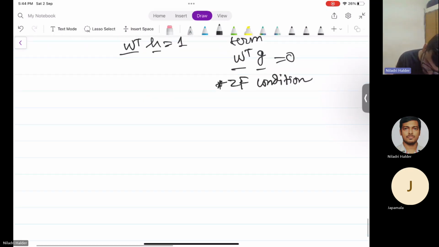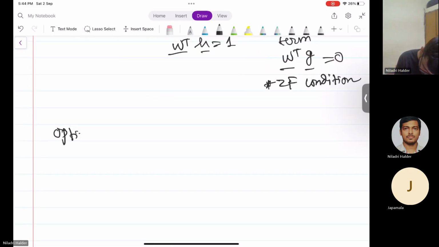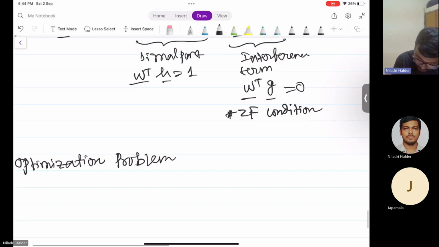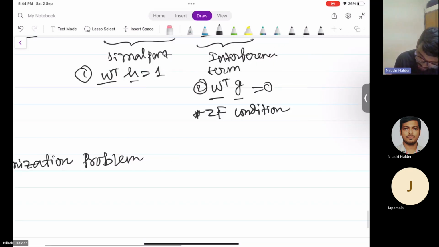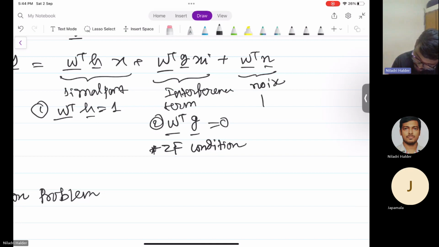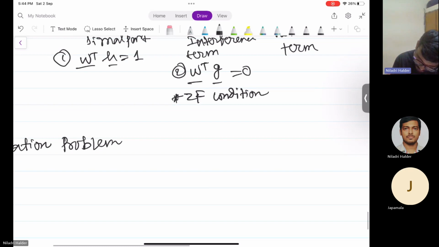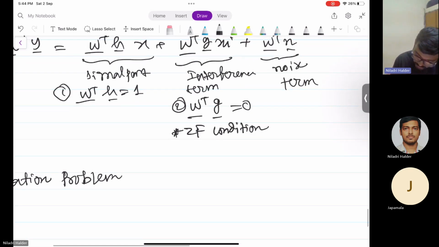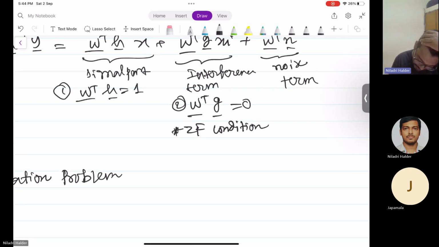Then the optimization problem will become, so we'll have this first constraint and this second constraint. The optimization problem will be only about the noise, to minimize the noise power only. So the optimization problem is minimizing the noise power. The noise power, we have calculated earlier, is sigma square norm of W square.